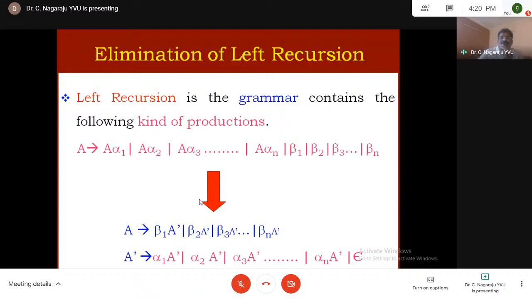A can have the form beta 1 A', beta 2 A', up to beta n A'. Here you use A', and A' can be replaced by alpha 1 A', alpha 2 A', alpha 3 A', up to alpha n A', or epsilon. You must remember these two formulas for how to eliminate left recursion.